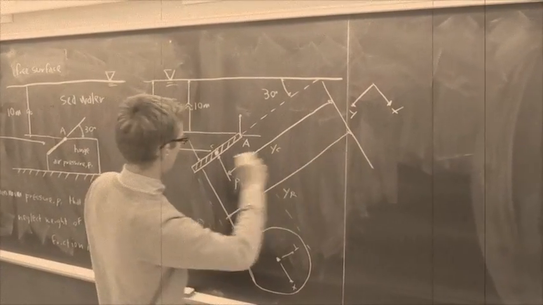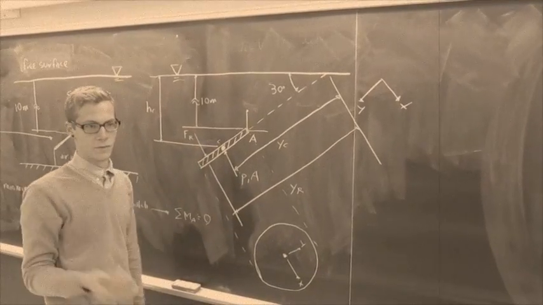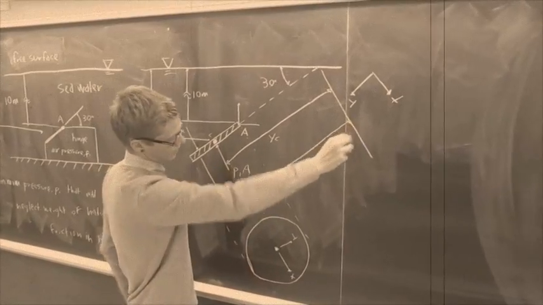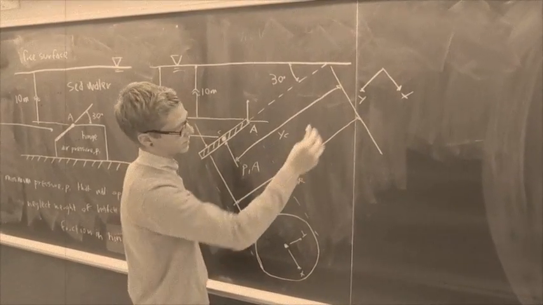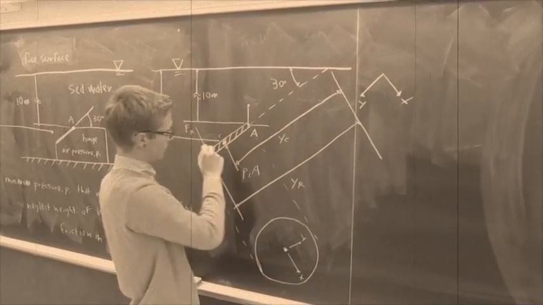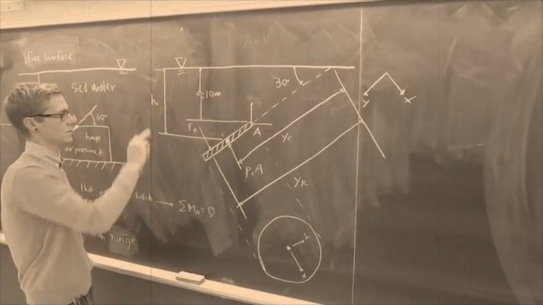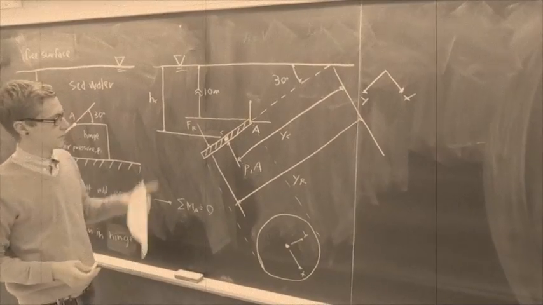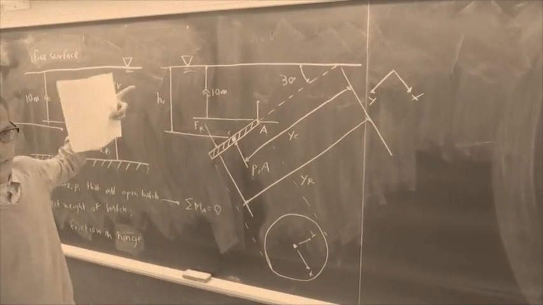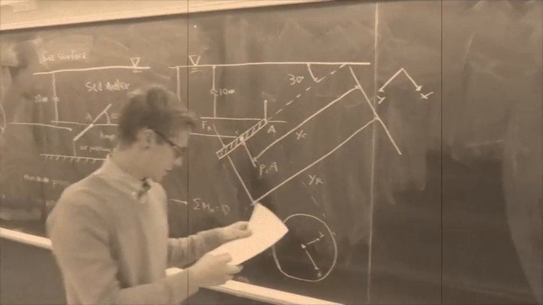You also have Fr, which is the resultant force of the pressure distribution of the water acting on the hinge. And then you have Yr, which is the distance that it is away using this origin along the y-axis. You also put this in there, Hc, which is the height vertically in our original coordinate system to the centroid of the object.